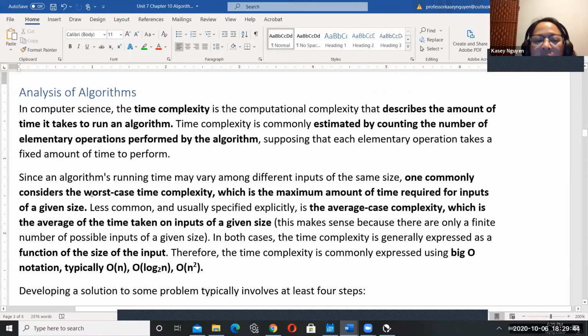So it is common to consider worst case scenario when you're looking at how that program is run. And in some cases, they do measure the average, but that's less common. Okay.